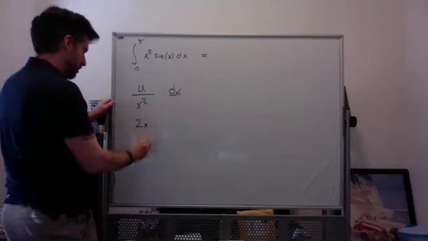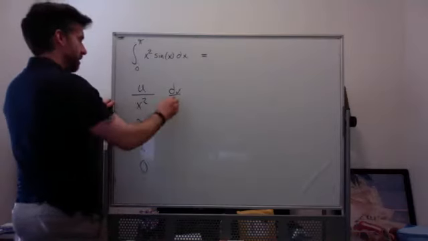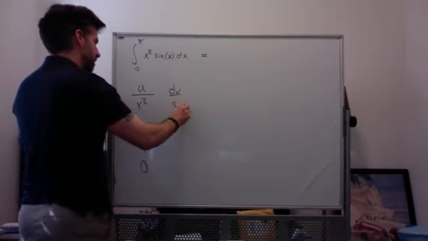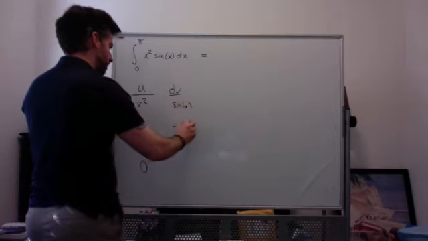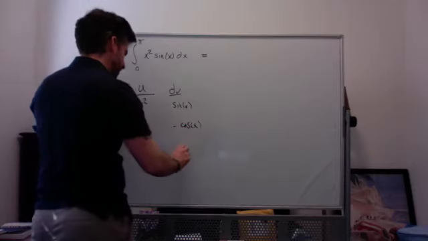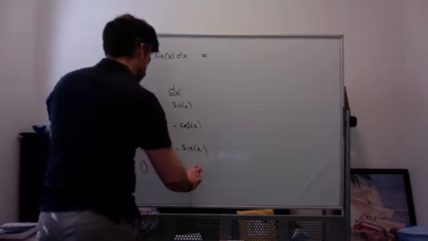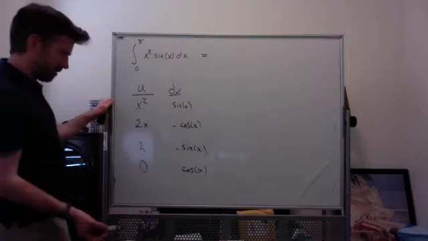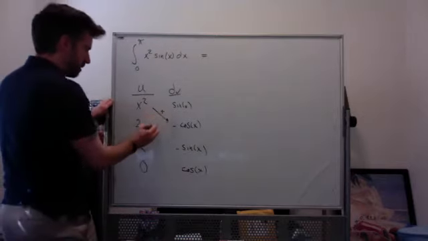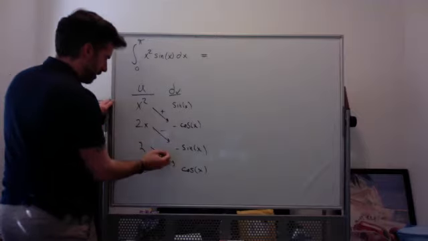So here are my derivatives. Here are my antiderivatives. So I got sine of x. Antiderivative is negative cosine of x. Antiderivative is negative sine of x. Antiderivative is cosine of x. Right? Looks right. Plus, it's a minus, it's a plus.